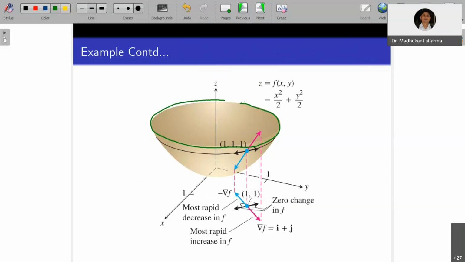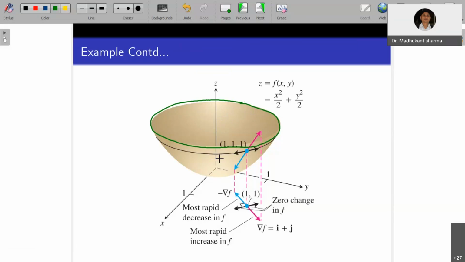Now if you take any circular bowl, or roughly you can also take an elliptic bowl, which direction will you see the most rapid change, and which direction will you go with an increase or decrease, or there is no change?